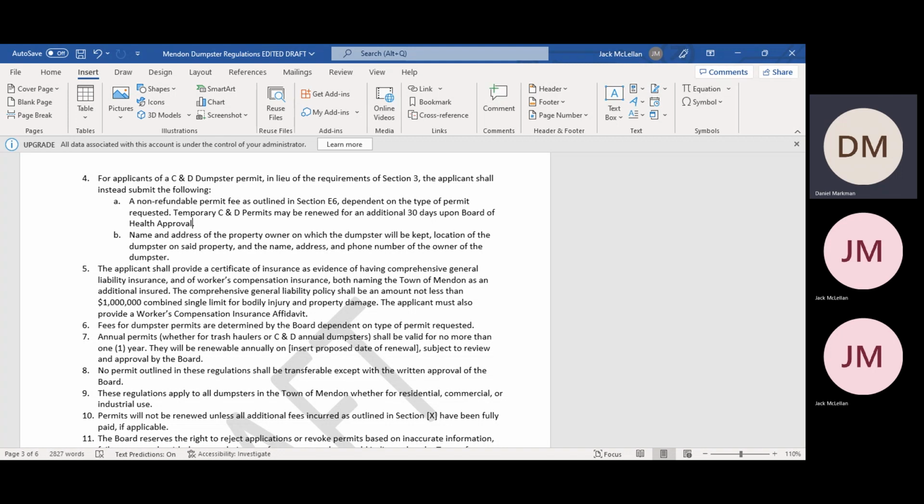But a residential dumpster is always considered temporary, regardless of its contents. A residential dumpster is $25 for the first 90 days. Then there's an additional $50 fee if you want to extend it for another 90 days, and then a total of $100 for the final 90-day period, and that's it.